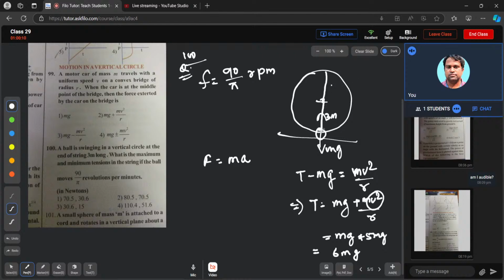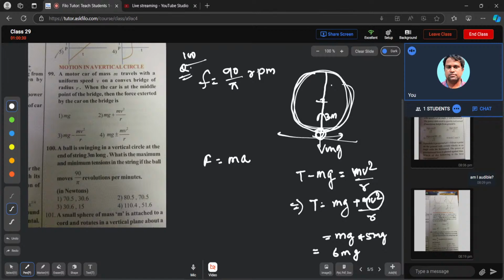Let's say this ball is revolving. You got the maximum velocity and it's revolving at 90 by pi revolution per minute. That is the frequency, right?